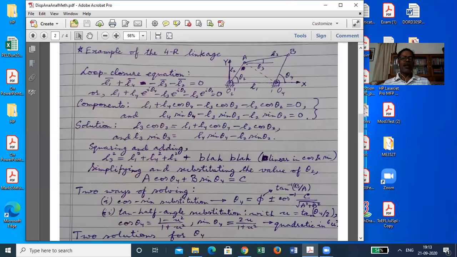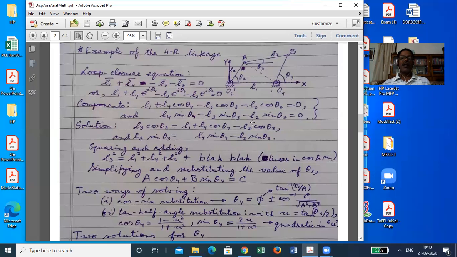So L3 square turns out to be equal to this square plus this square, and the terms from there also are going to be quite friendly. A plus B plus C whole square, or A plus B minus C whole square if you like, will give you L1 square from here, L4 square cos square theta 4, and from the next one appropriately you will get L4 square sin square theta 4. So together L4 square.